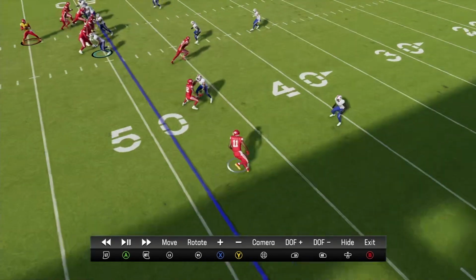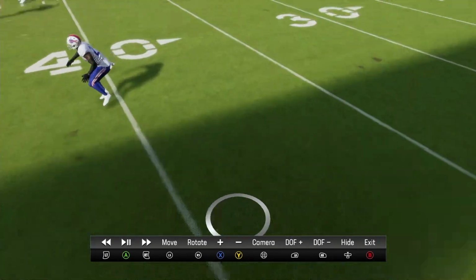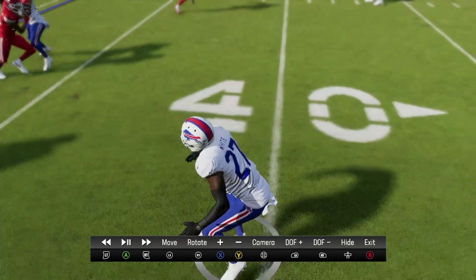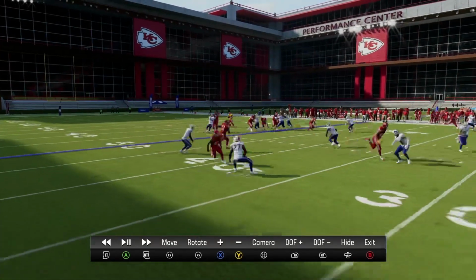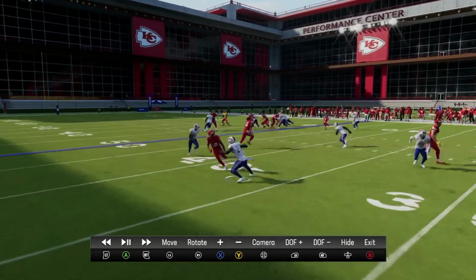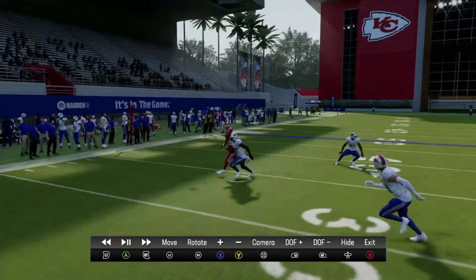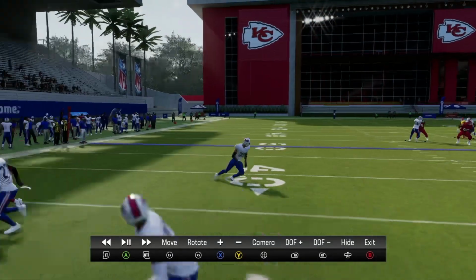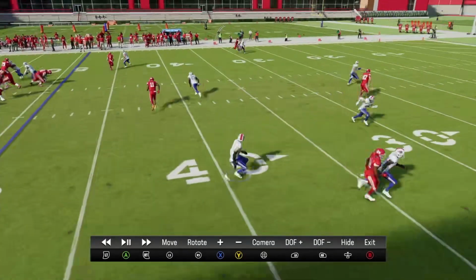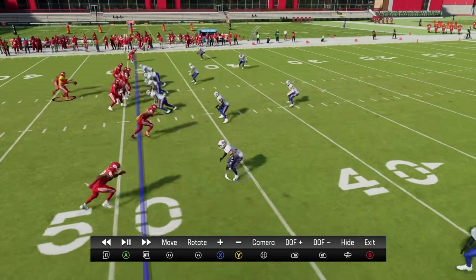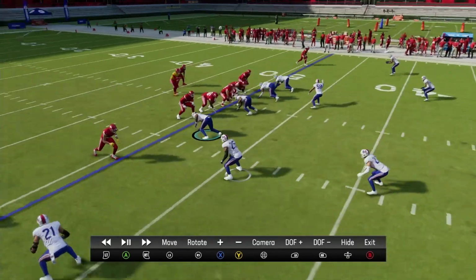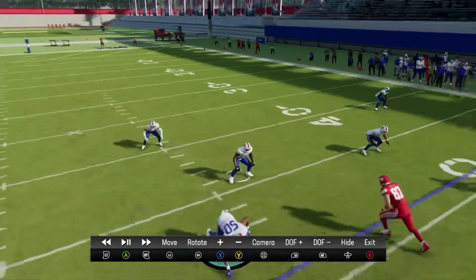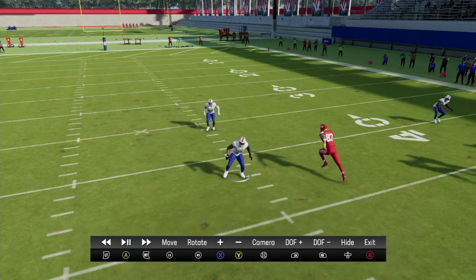We get an underneath route from number 1. So Trey White, he looks for work, and as you can see, he covers that corner route perfectly. That allows Poacher to drop off, look for work underneath. Since this guy is our Mike linebacker in this scenario, he has number 3.